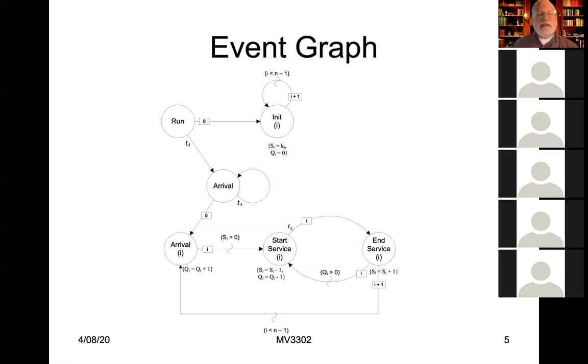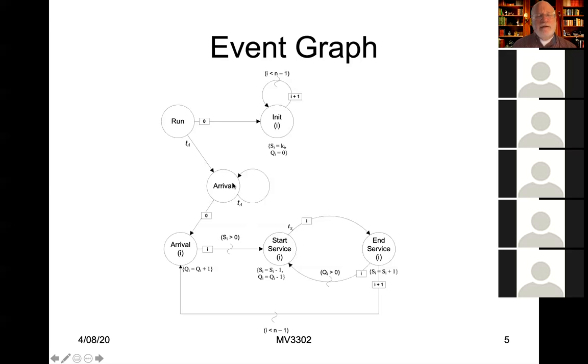In other words, it doesn't actually change any value, and that's by design, just to show that an event does not necessarily have to have a state transition. Usually it does, but in this case, the only purpose of this arrival event was to schedule that arrival to the 0th station at the transfer line.